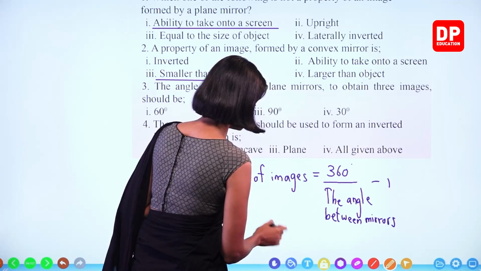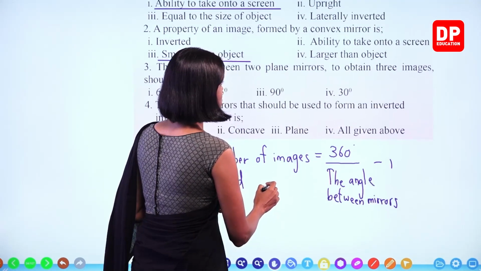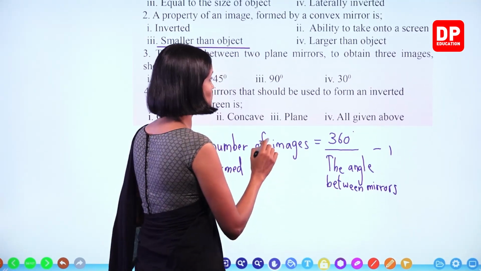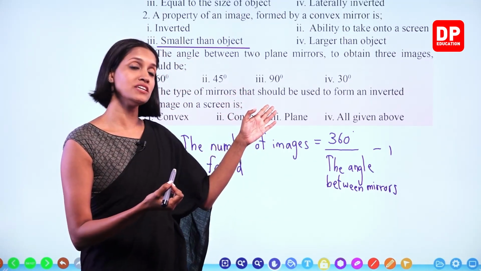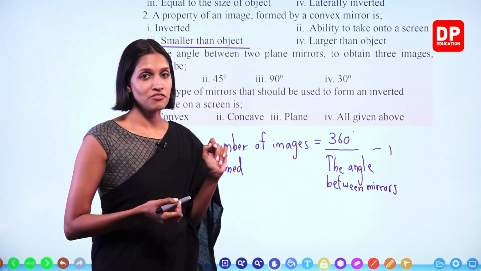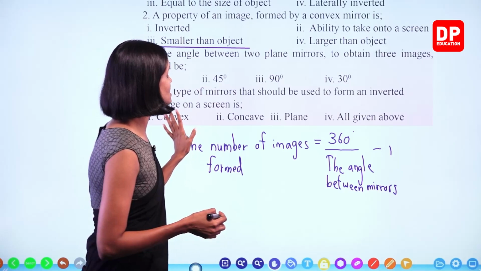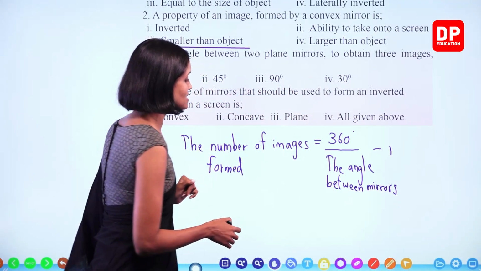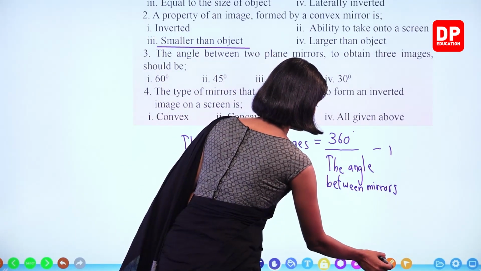This is what we used, right? So as we did this activity, if you can remember it's 90, we can find it out. Otherwise, using this formula, we can easily find it out, right?